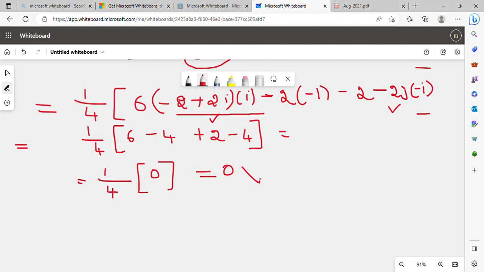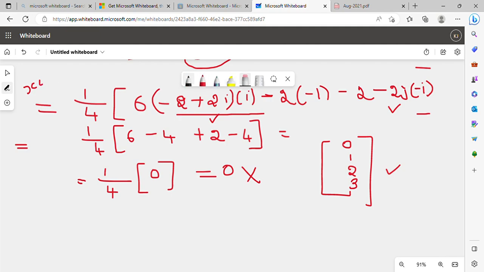Which is the wrong answer. Why wrong? Because my original sequence is 0, 1, 2, 3. From the DFT of this 0, 1, 2, 3, I have to recover this resultant back, right? But I couldn't recover it, because this is my x of 1 that I am solving, and for my x of 1 I got 0.